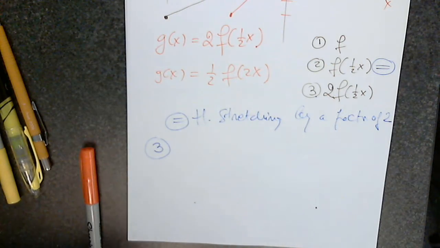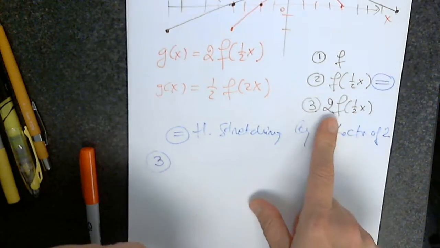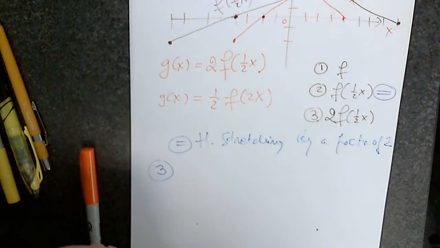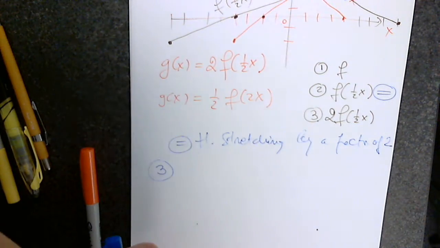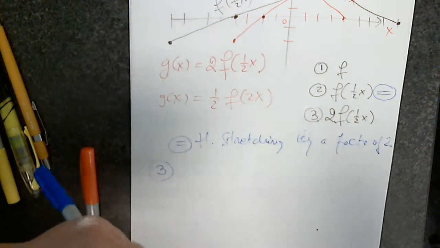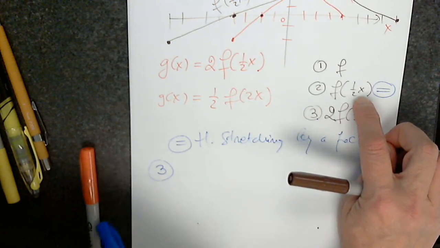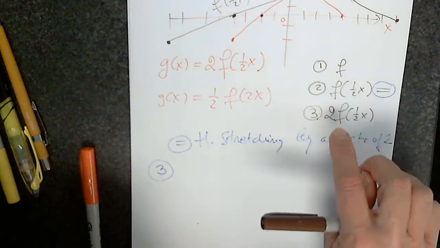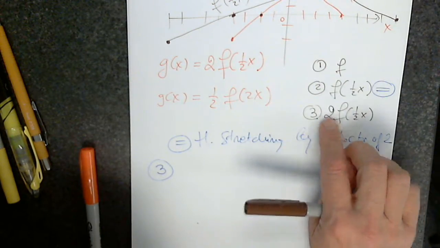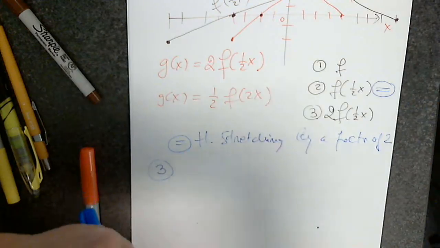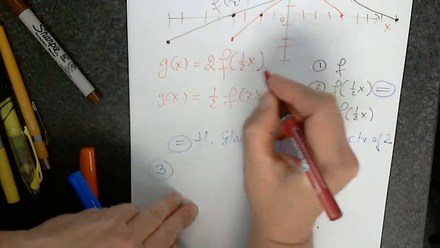Vertical stretching by a factor of 2. So now all these brown points, their y value gets multiplied by 2. But that is not the opposite. That is exactly what it means. This is the opposite of what I would expect. So this number will multiply the height. So the height here is -2. It will go down to -4.